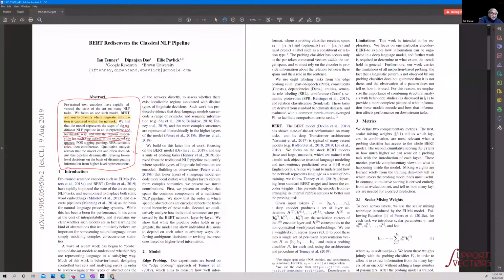It says that the part of speech tagging, parsing, named entity recognition, and semantic roles, and then coherence. So it gives you the order. Part of speech tagging, you know, noun, verb, etc. Your dependency parsing, named entity recognition should come only after that, makes sense. And semantic roles, that's a higher level abstraction, and co-references.